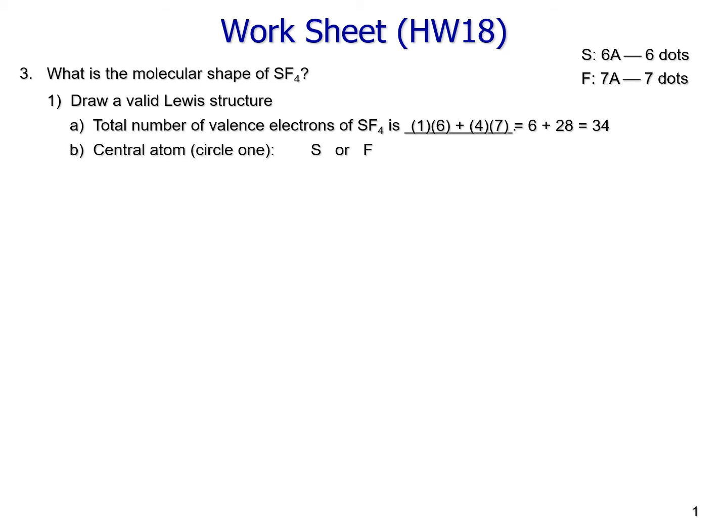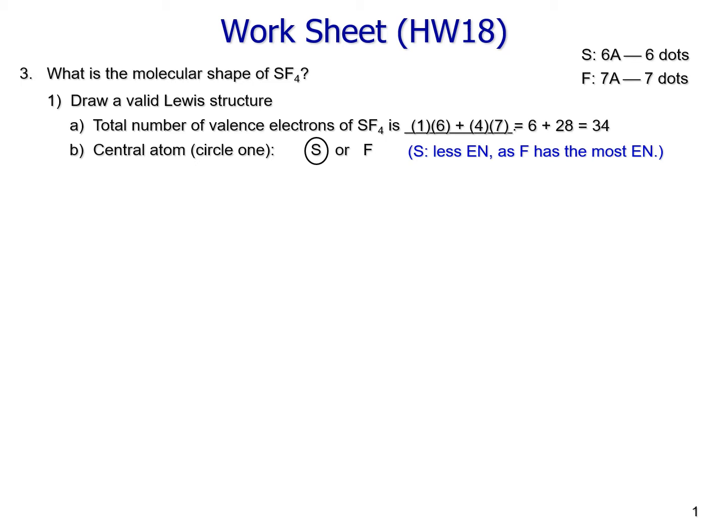Second step in drawing a valid Lewis structure is to choose which atom we should put into the center, sulfur or fluorine. Apparently, there are two ways for us to determine why sulfur has to be the central atom. First, sulfur is less electronegative, so it has to be the central atom.